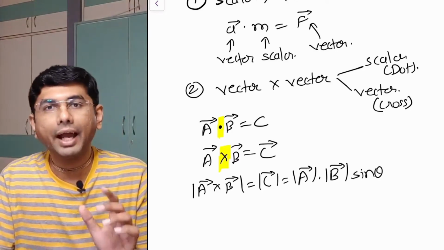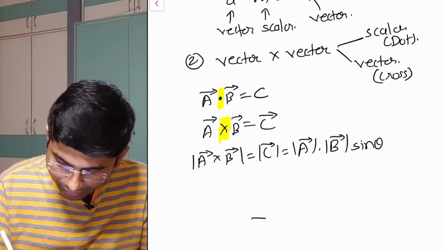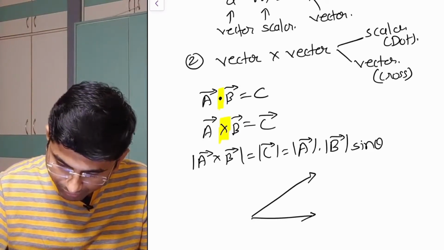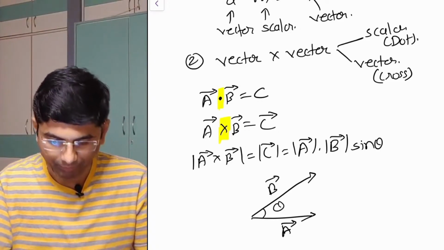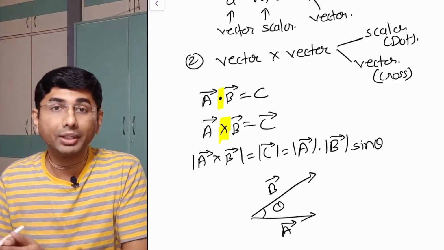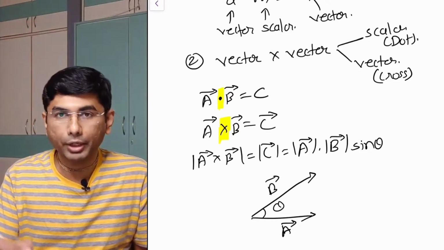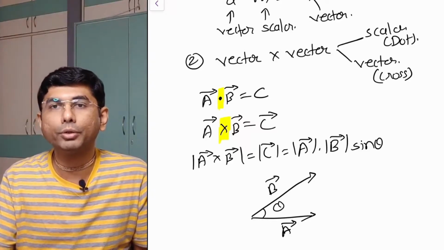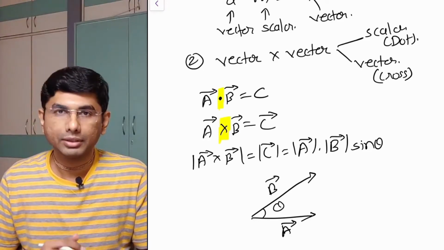Theta is the angle between the two vectors. If a vector is here and b vector is here and the angle between them is theta, then there will be another vector c, and the magnitude of c will be magnitude of a into magnitude of b into sine theta. That's how we can find the magnitude of a cross product.